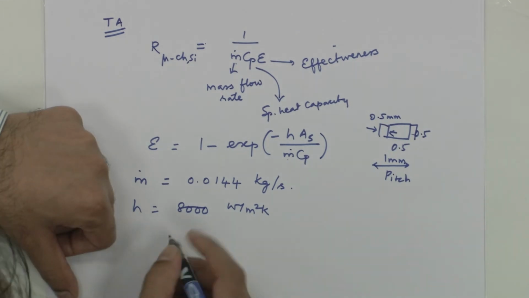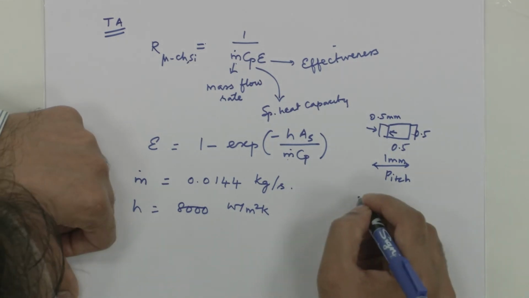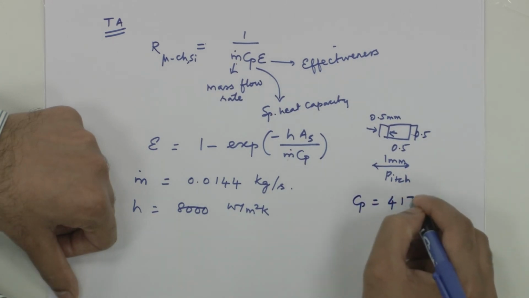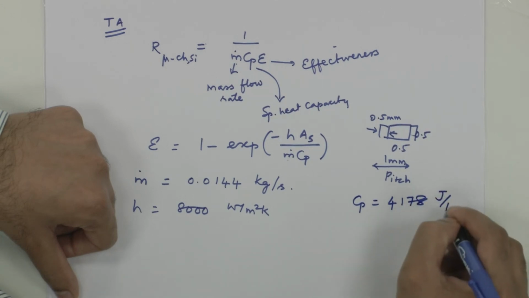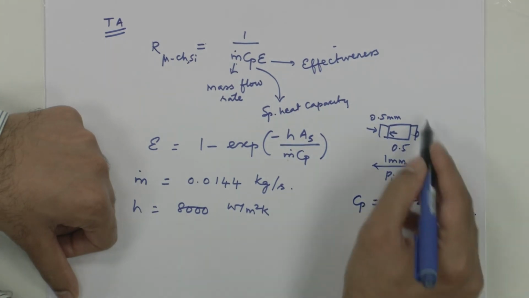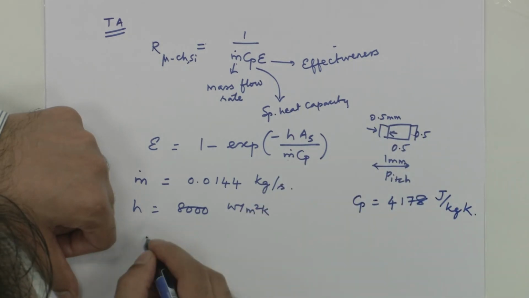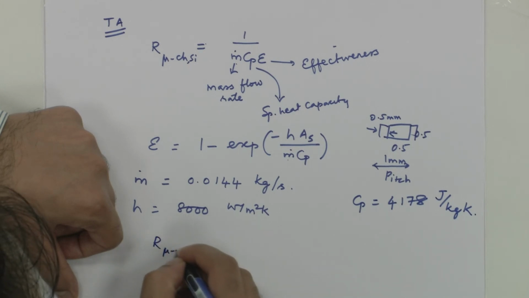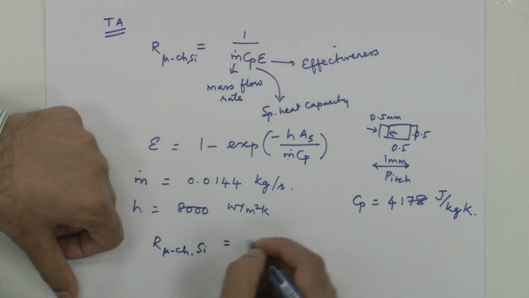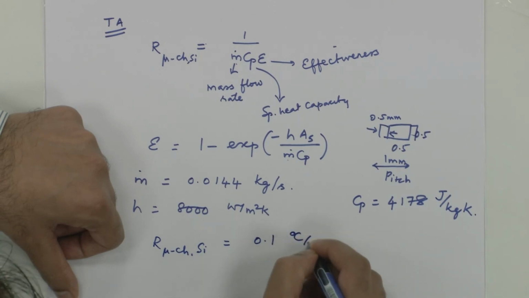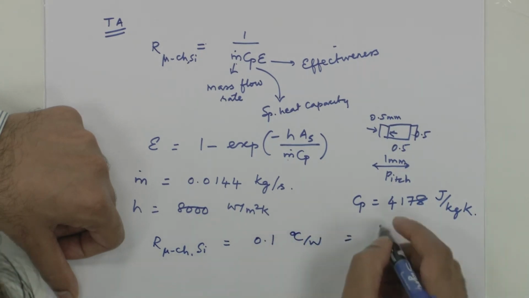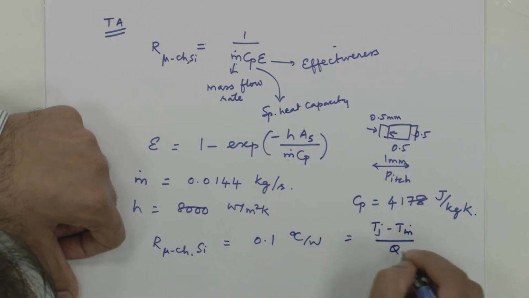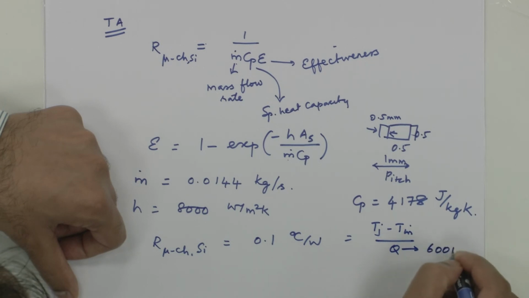Using that calculation, and we know that we are flowing water through this microchannel device, and the specific heat capacity of water is 4178 joule per kilogram Kelvin, and substituting all these numbers into calculating an effectiveness, the resistance is about 0.1 degree C per watt, and this is nothing but T junction minus T inlet divided by Q. We know Q is 600 watts, that is given.